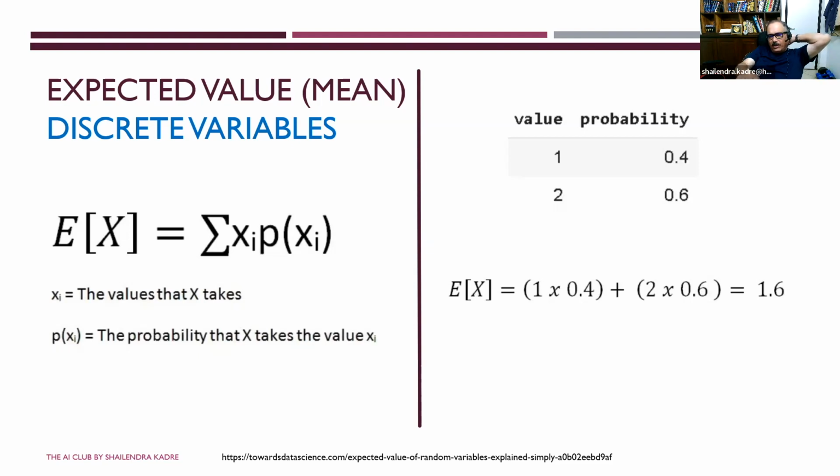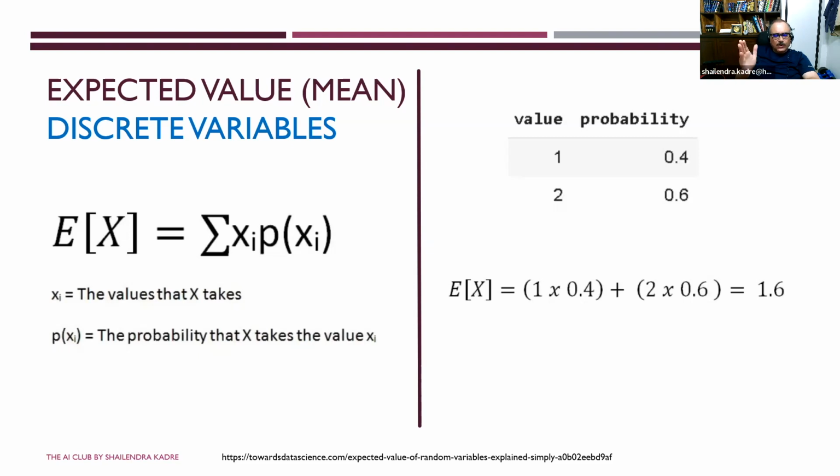Simple, see the formula: 1 into 0.4 plus 2 into 0.6. The value into its probability, that's how you multiply. You see below, it is calculated here. The value comes to 1.6. So expected value is equivalent to the mean value.